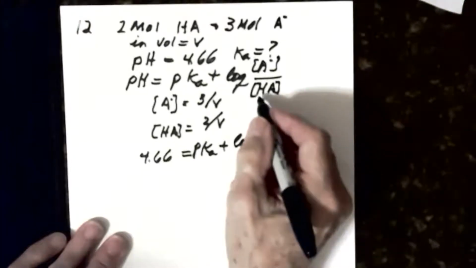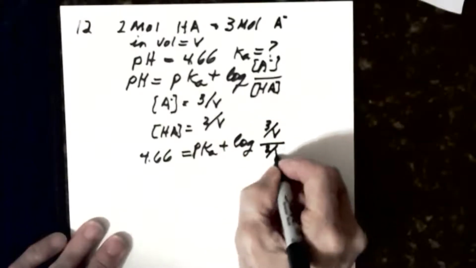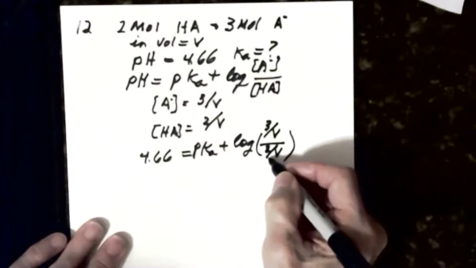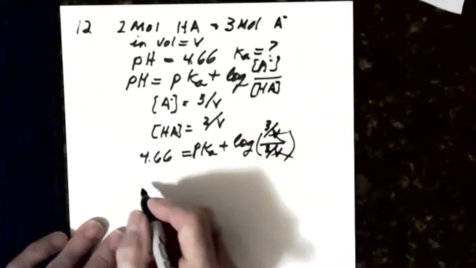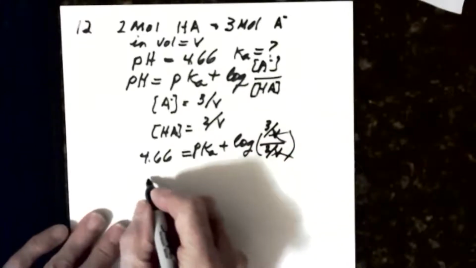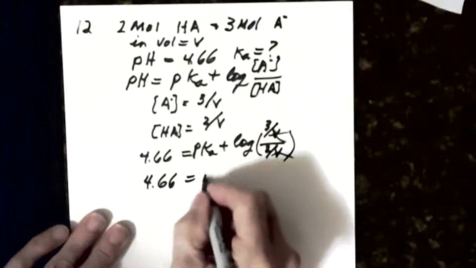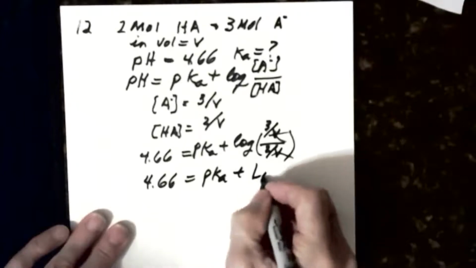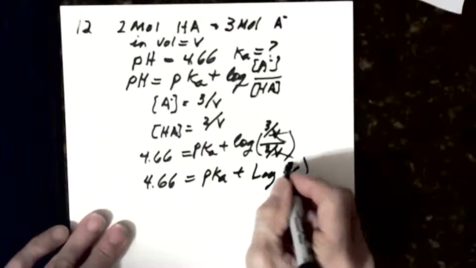And the concentration of HA is 2 moles in V liters. Now you can see in this complex fraction, the volumes are going to cancel out, so it really doesn't matter. We don't need those. So the pH 4.66 is equal to pKa plus the log of 3 divided by 2.